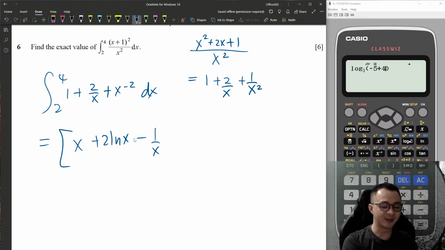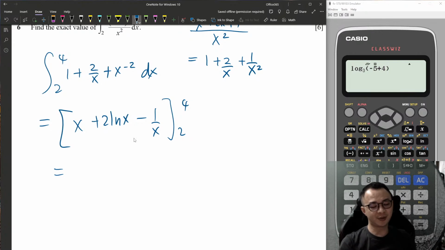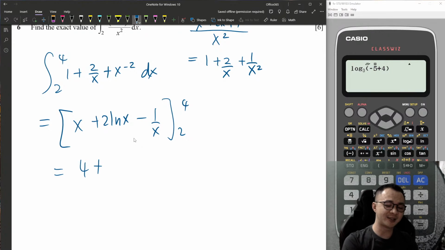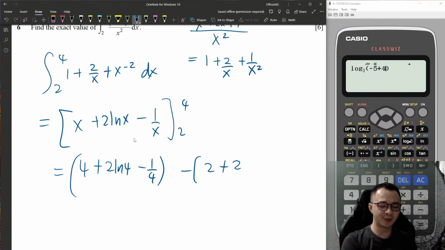Yeah, -1 over x. Okay, so from 2 to 4. Then I will just plug in the numbers. So 4 plus 2 ln 4 minus 1 over 4, minus 2 plus 2 ln 2 minus 1 over 2.